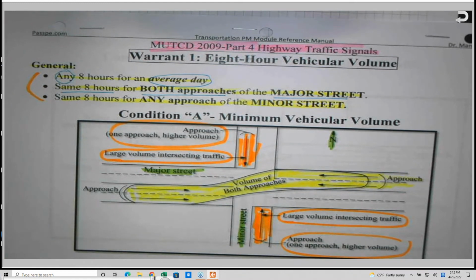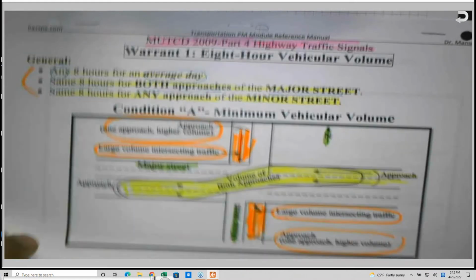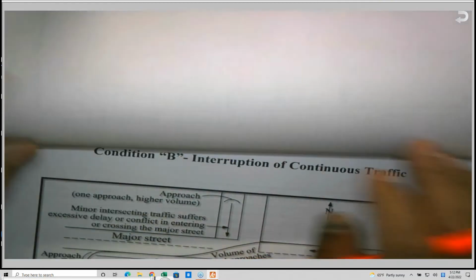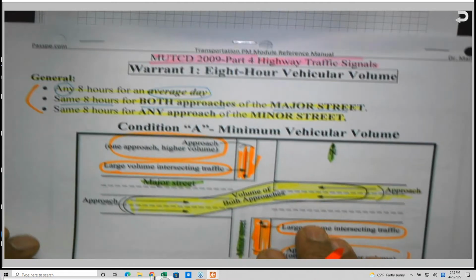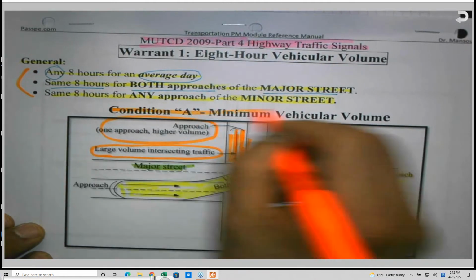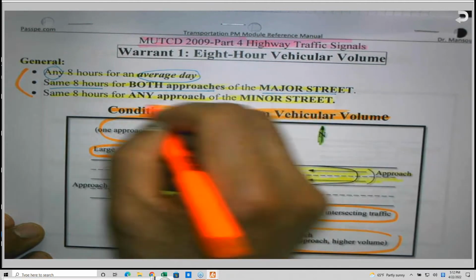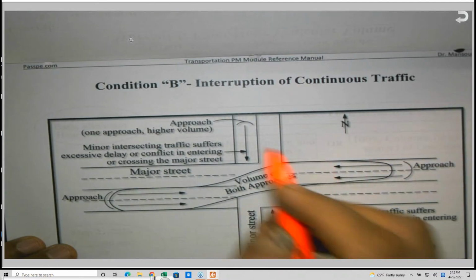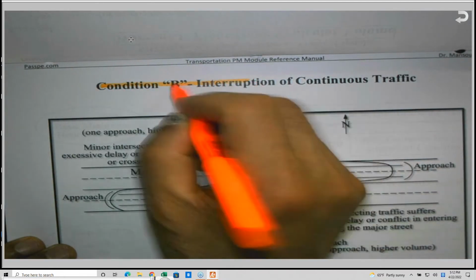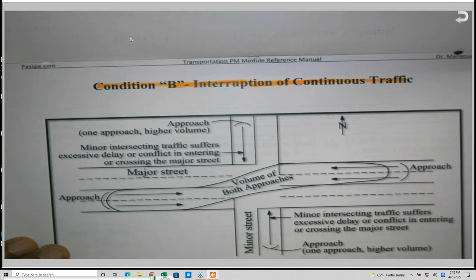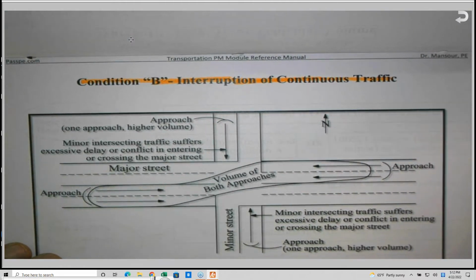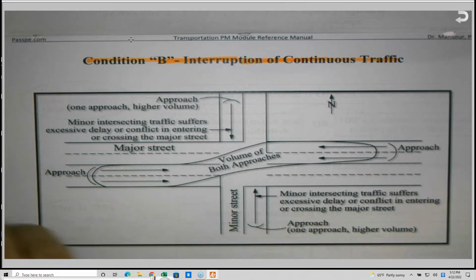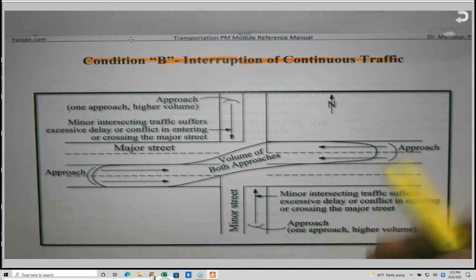And this illustration here, I hope it is helpful to you. If you flip the page, you will find that, by the way, let me just mention one thing before I leave this page. This is condition A. If you look at condition B, which they call interruption of continuous traffic, it is the same thing as far as the major street.